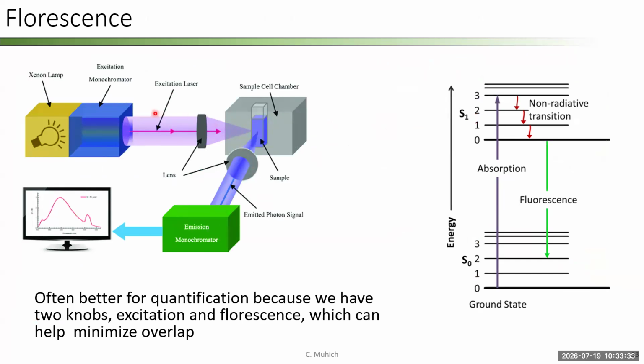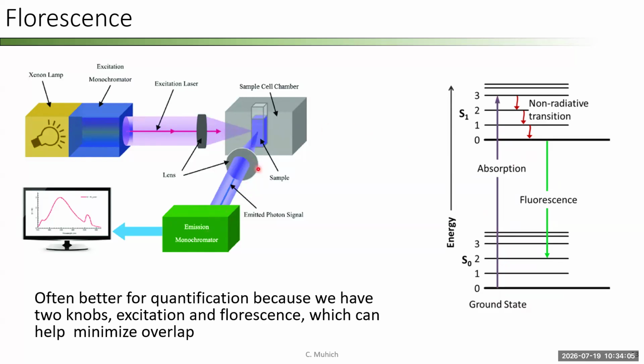And so here we have a light that goes through, and then for those who are really interested in chemistry, we have absorption up, we have some sort of non-radiative transition, and then fluorescence back down between energy levels. And so this light that comes in for absorption and the light that's given off for fluorescence are different wavelengths, so we can measure them separately.